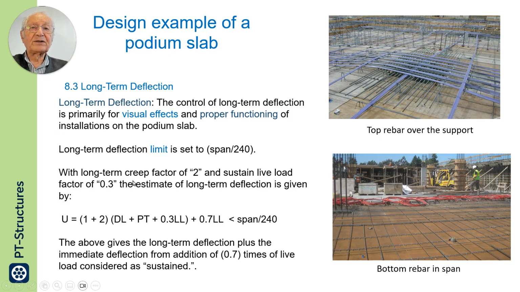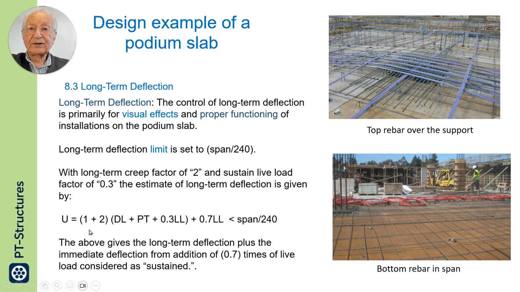With a long-term creep of 2, that is ACI value for long-term creep, and sustained live load of 0.3, that means most of the time the live load is a fraction of design live load, and that fraction I have assumed 0.3. I have taken it from the European code. The ACI doesn't give the number.